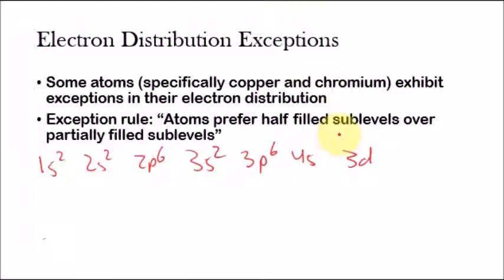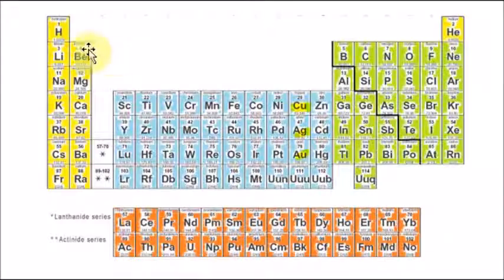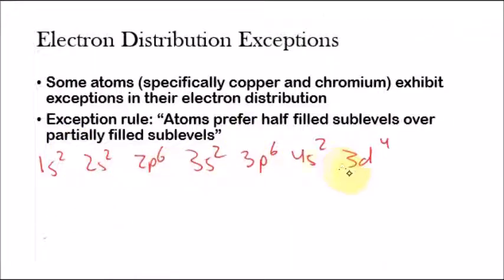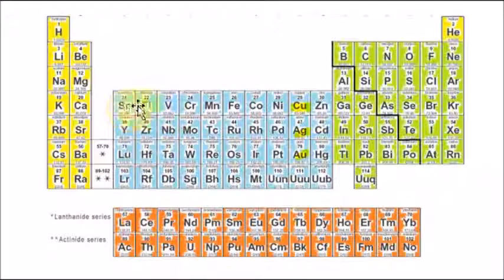Wait, make sure. So 1s2, 2s2, 2p6, 3s2, 3p6, 4s2, 3d4, right? 1, 2, 3, 4.